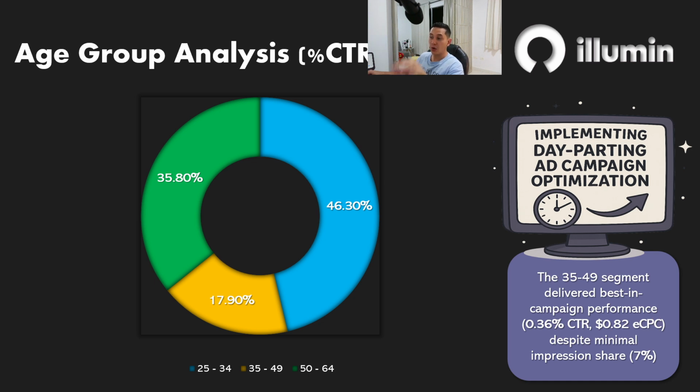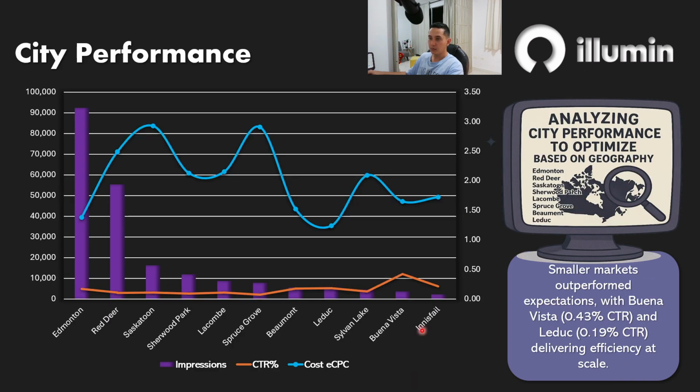Let's examine the geography performance to complete our multidimensional analysis. Our geography analysis challenges conventional assumptions about market performance. Smaller markets like Buena Vista with 0.43% click-through rate and Leduc with 0.19% click-through rate significantly outperform major urban centers, as you can see here, with very low effective cost per click.